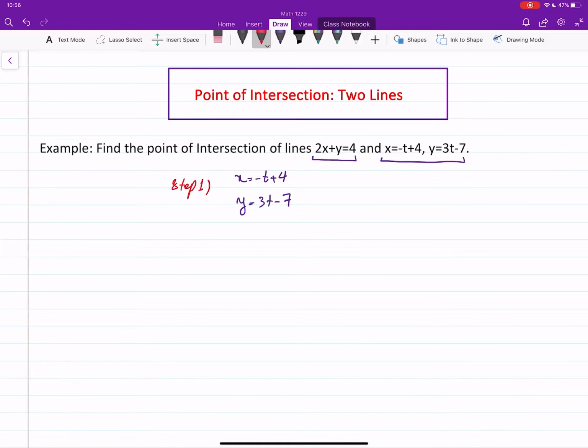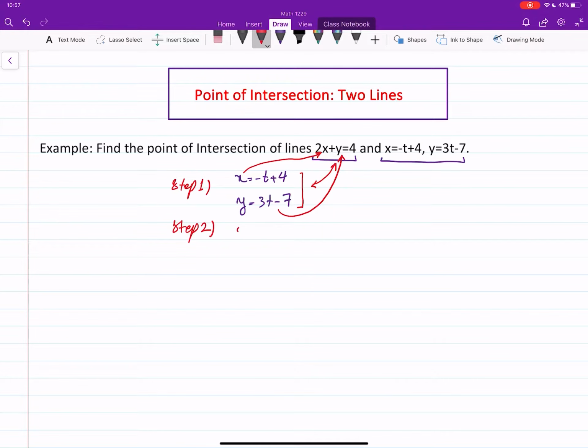Step two is that, if these intersect, the coordinates x and y that we have here should also satisfy the equation for the other line. This is the point of intersection. So plug in x into the x and y into the y of the other line.